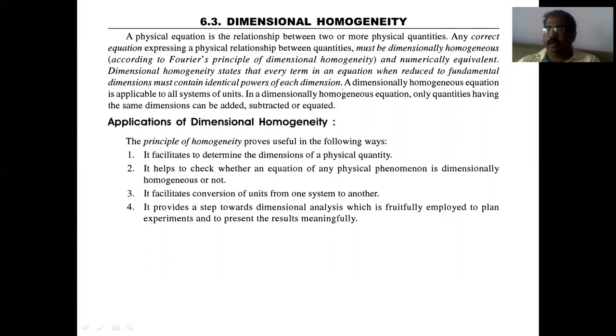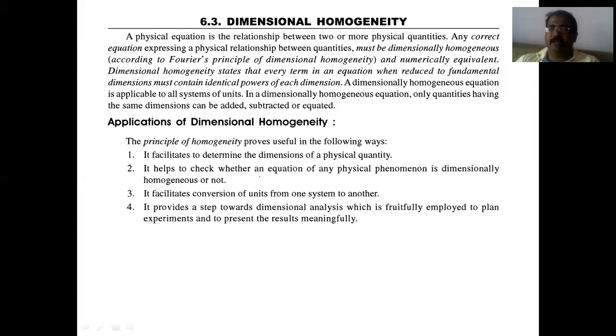So always remember that these two quantities are equated or related together with the help of dimensional homogeneity. Okay, and the applications are that it facilitates determining the dimension of a physical quantity.